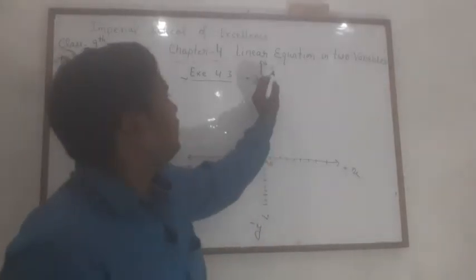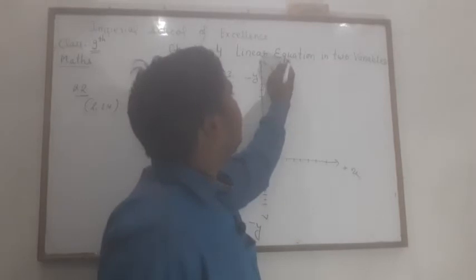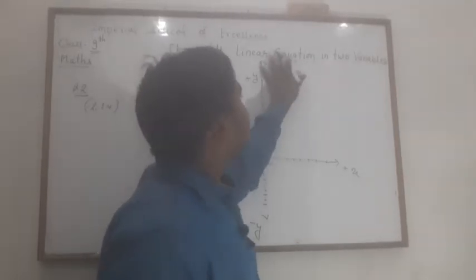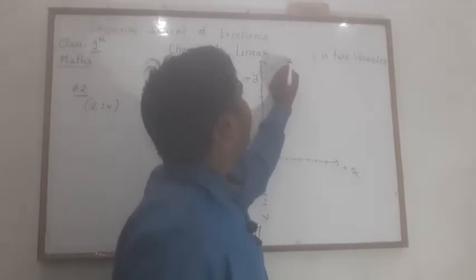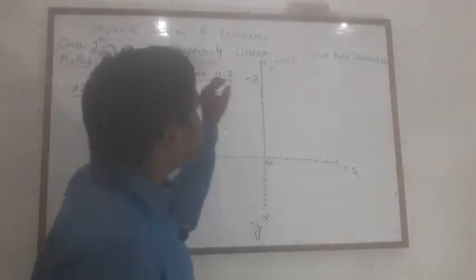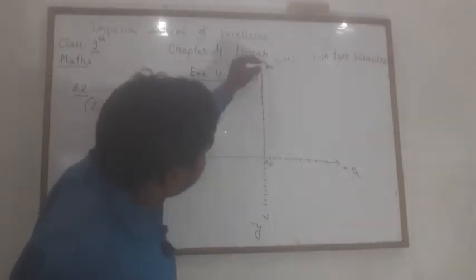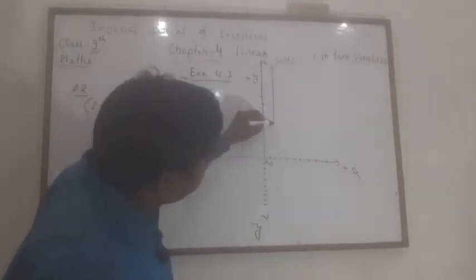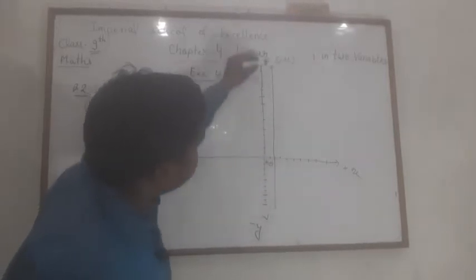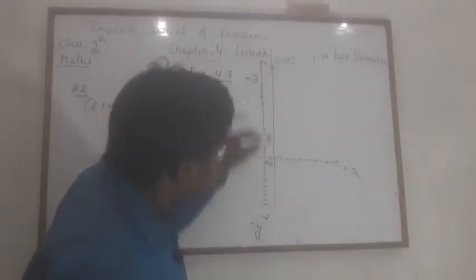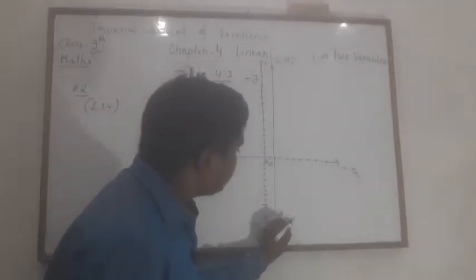For the first question, give the equation of two lines passing through (2, 14). So this is the point (2, 14), and how many lines pass through it? Infinite. So let's see here. One line is passing through this point, whose equation is x is equal to 2.